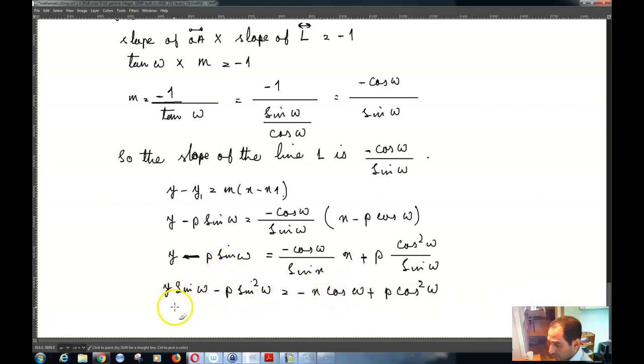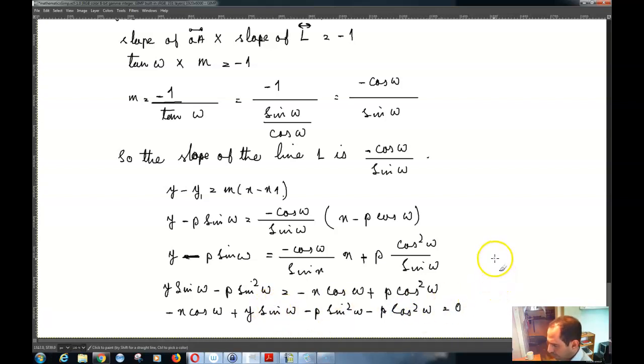And so I can write this as negative x cos omega plus y times sine omega, and then negative p times sine squared omega minus p times cos squared omega is equal to 0.